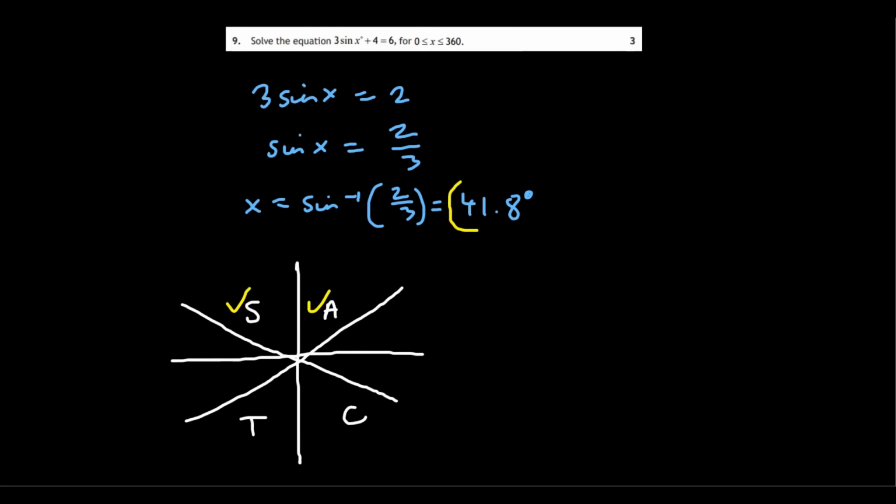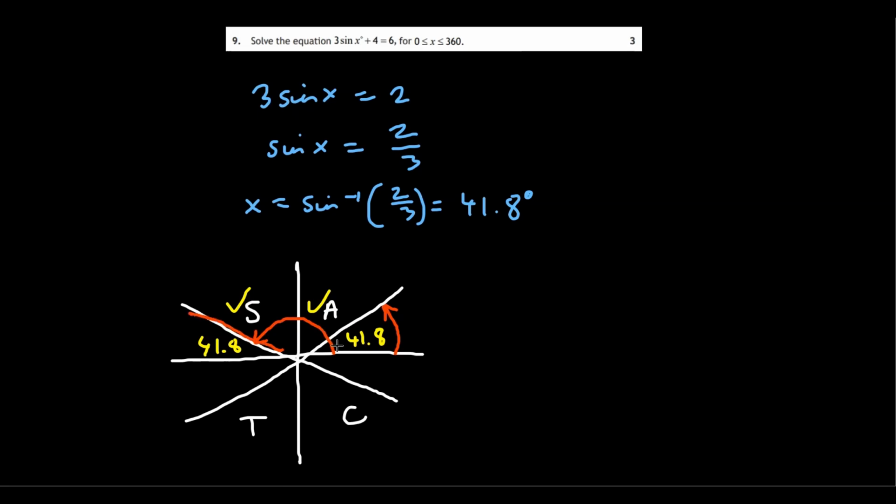And then you just put the value into those quadrants. So 41.8, and then 41.8. And then we just measure it from the initial line. So this is the initial line, and then we just measure these angles counterclockwise. So that's the first one, and this would be the second one.